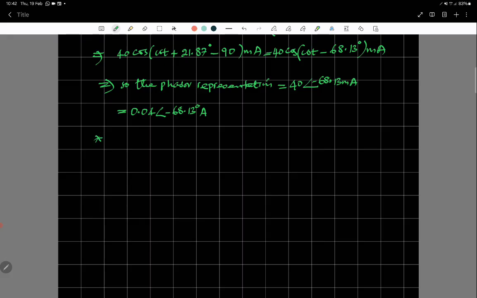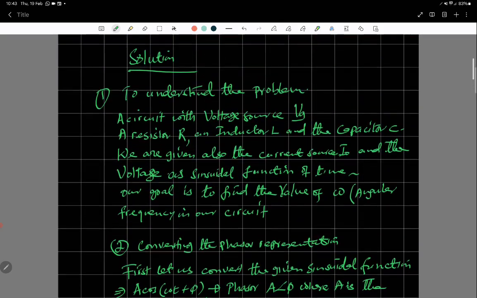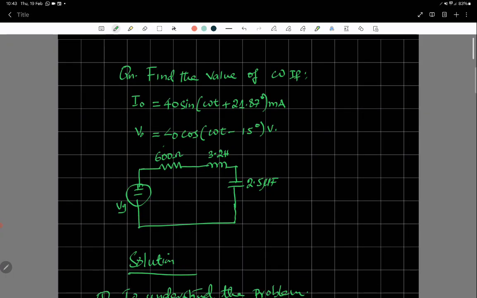Again, the voltage source VG is equal to 40 cos(omega t − 15) volts, as it has been marked in your question here.